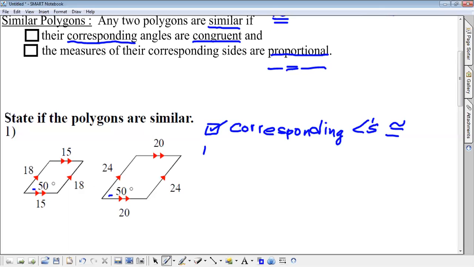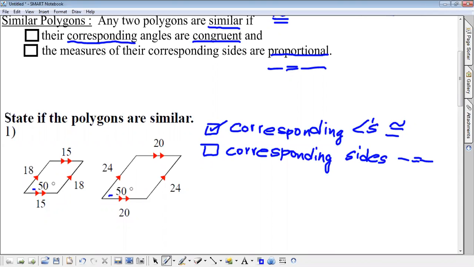Now, the thing is, corresponding sides are proportional. Sides, and proportional means this. One fraction equal to the other.